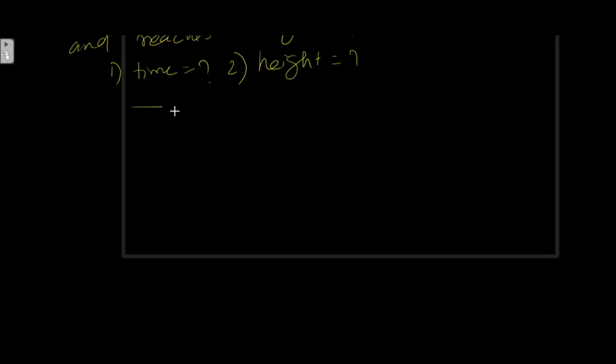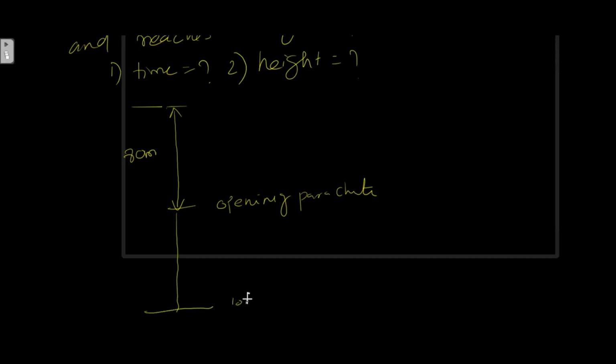After that he passes through 80 meter as a free fall. After that he opens the parachute, decelerates and reaches the ground with velocity 10 meter by second. We must know the height and the time taken for this, T1, and the time taken for this, T2. Then the total height and the total time can be found.